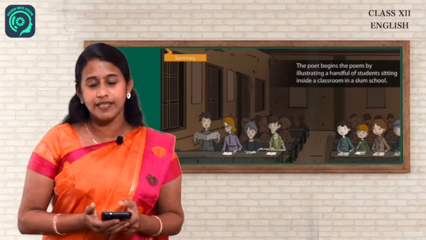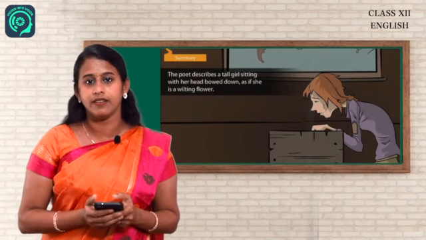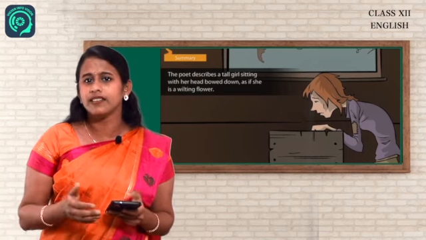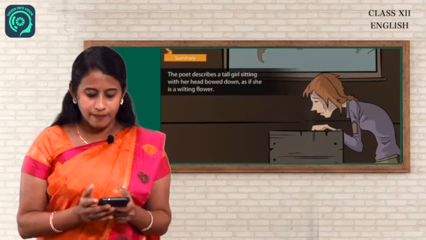And one by one, he is describing each child who is sitting inside the classroom. The first child, who is a very tall girl, is sitting inside the classroom with a weighed down head. Maybe because of the harsh realities that she has faced in life. Due to that, she's feeling really insecure about life.